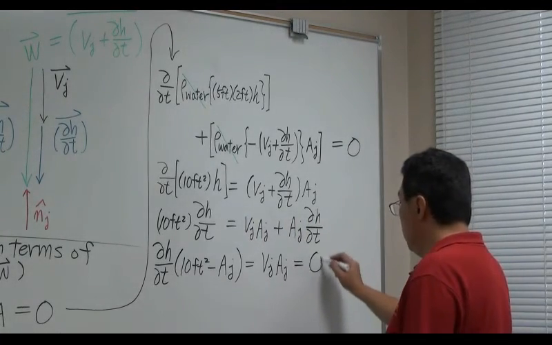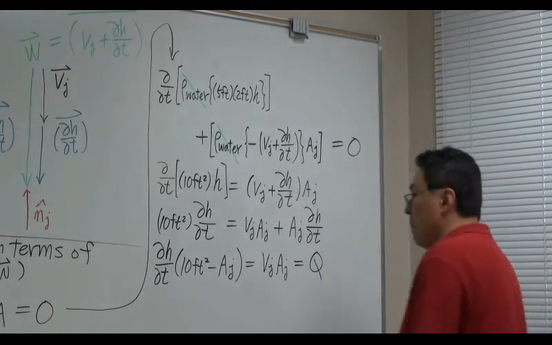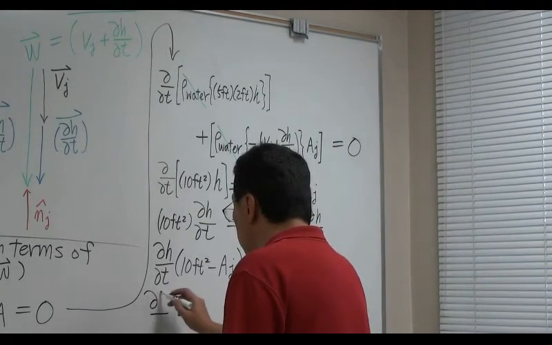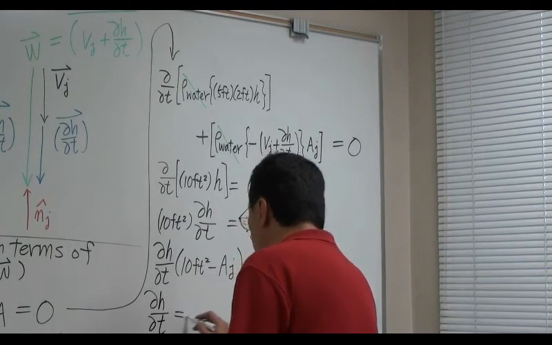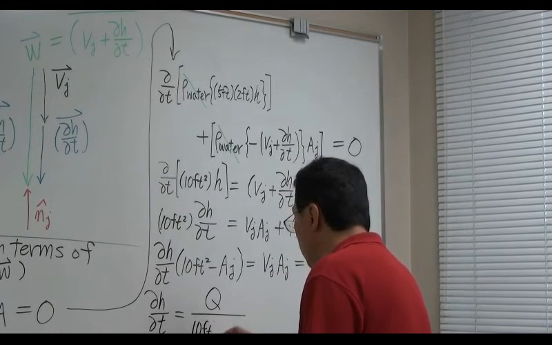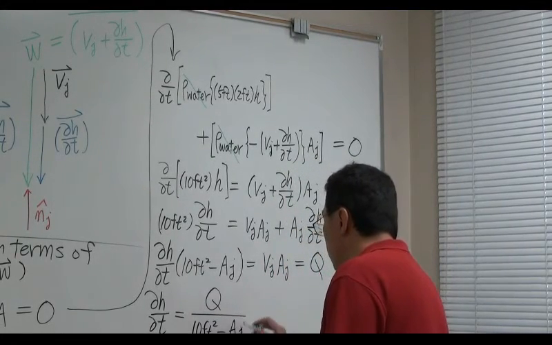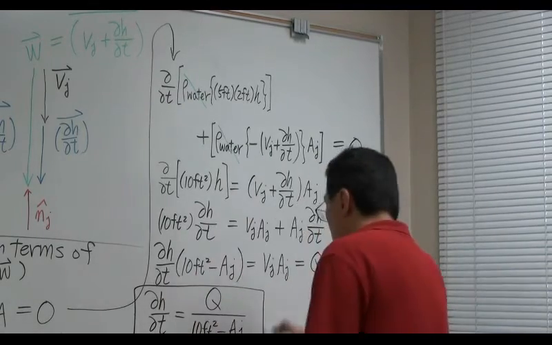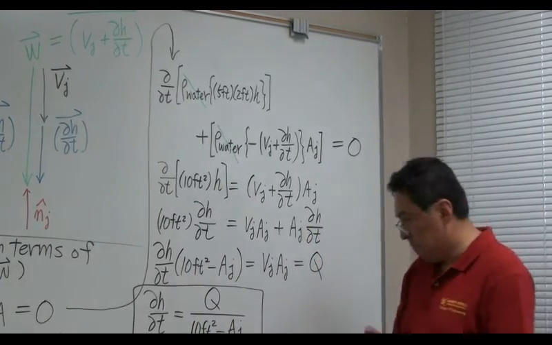This is flow rate Q, 9 gallons per minute. We know that. So this concludes dh dt is equal to flow rate Q divided by (10 feet square minus Aj). Oh, exact same equation we got.